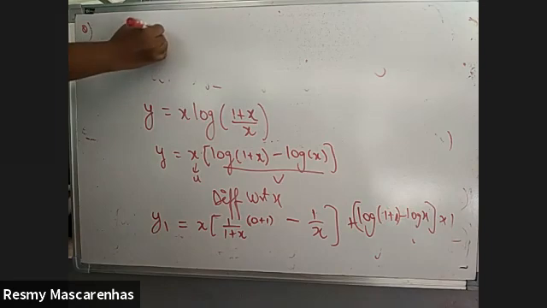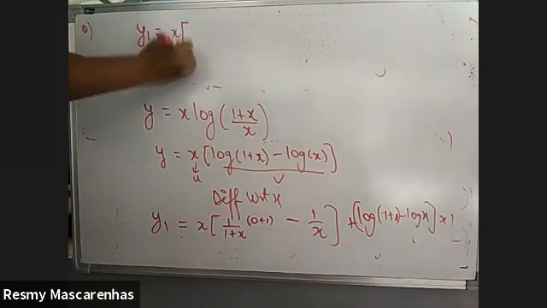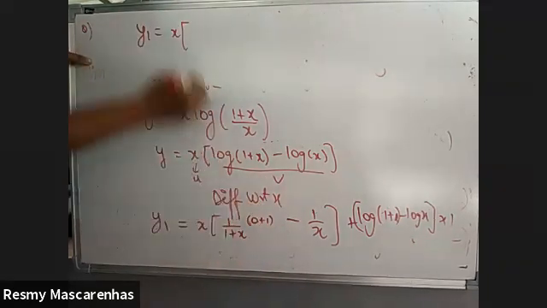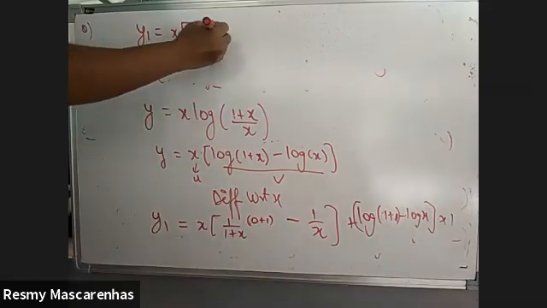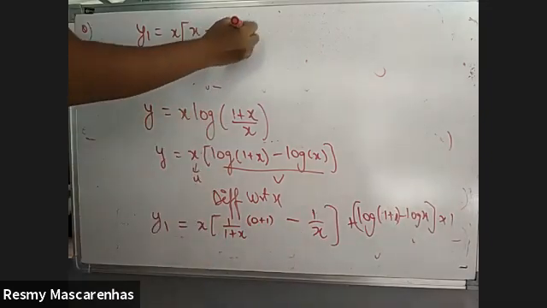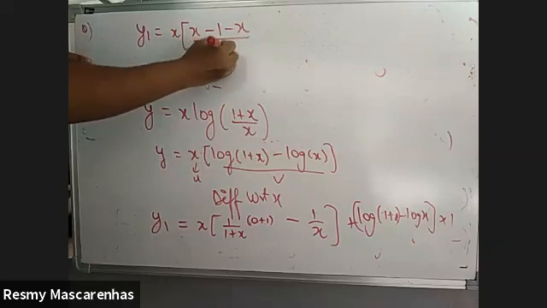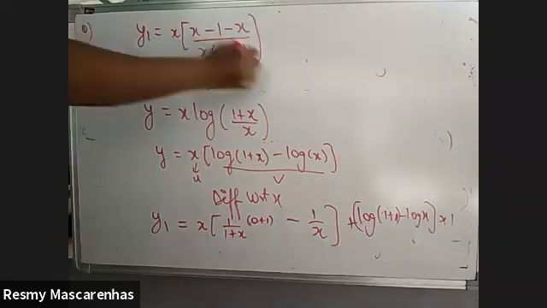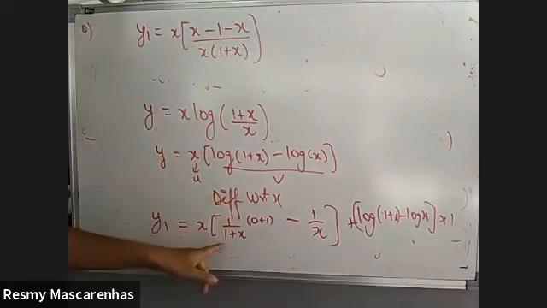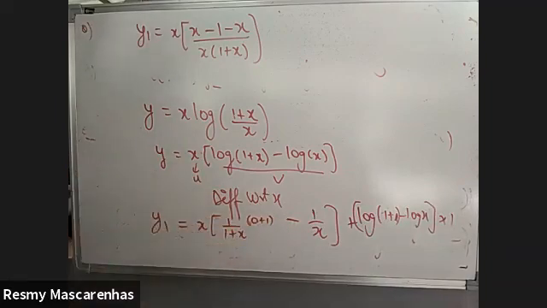So y1 will be equal to x into, when you cross multiply, x minus 1 minus x upon x into (1 plus x). I cross multiplied inside, so minus will belong to both the terms.